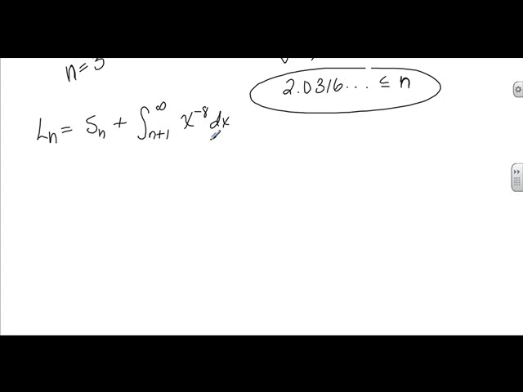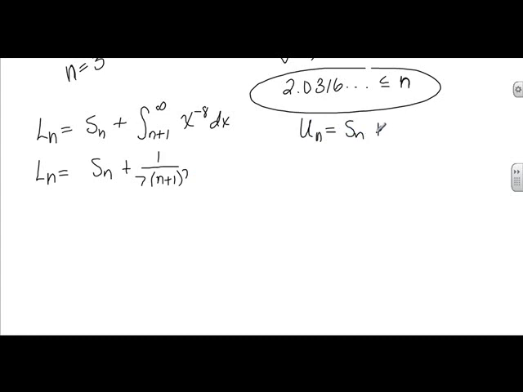The upper bound for the sum of the series would be s sub n plus the integral from n to infinity of x to the minus 8th power, which ends up being 1 over 7n to the 7th. Again, we've already done that work.